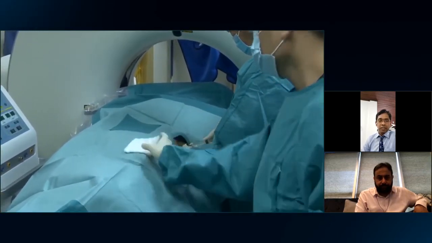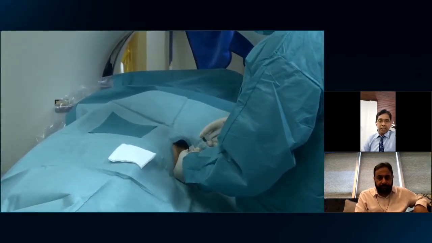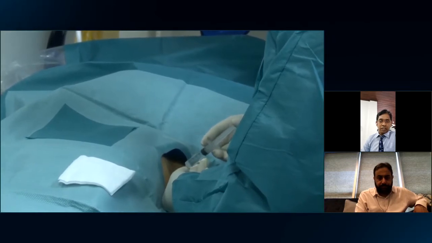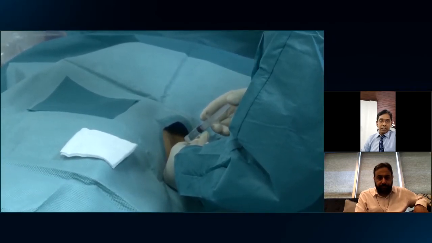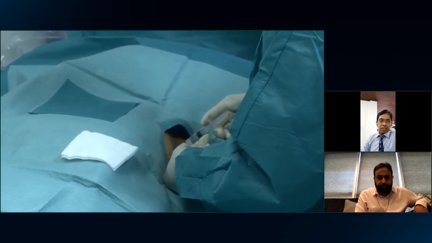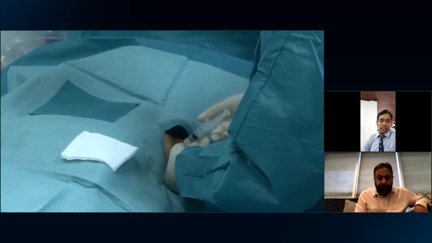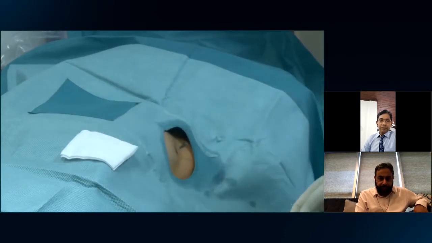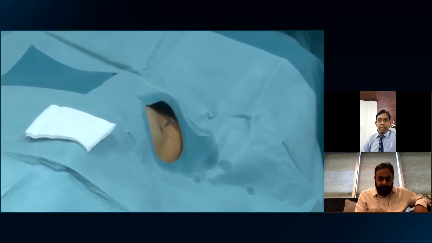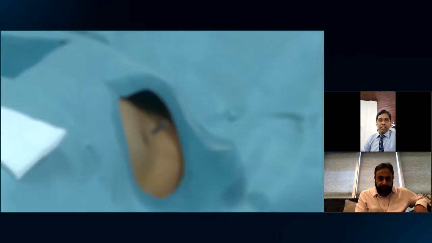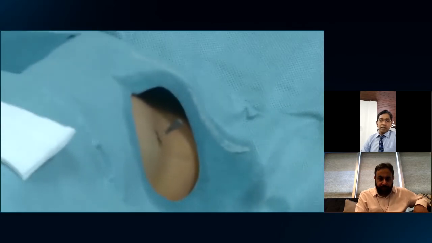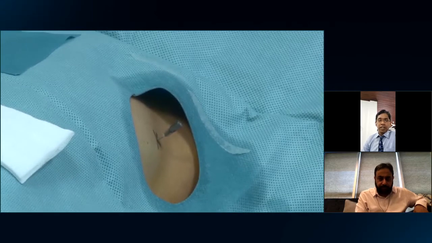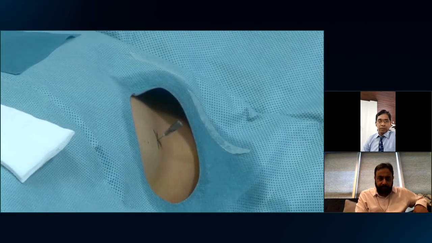It's a coaxial system, which is we place a slightly larger needle to the lesion first, and then we insert the ablation antenna through that. So meanwhile, we can take a biopsy from that lesion when we place the coaxial needle.